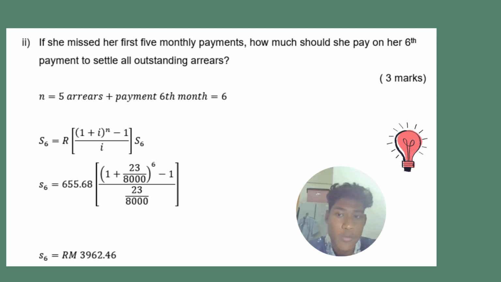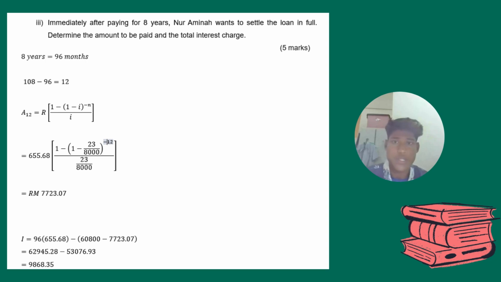S equal 655.68 open bracket 1 plus 23 over 8000 close bracket power 6 minus 1 over 23 over 8000 close bracket, and we get the answer S is RM 3962.46. Thank you. So continue to question 3 Roman.